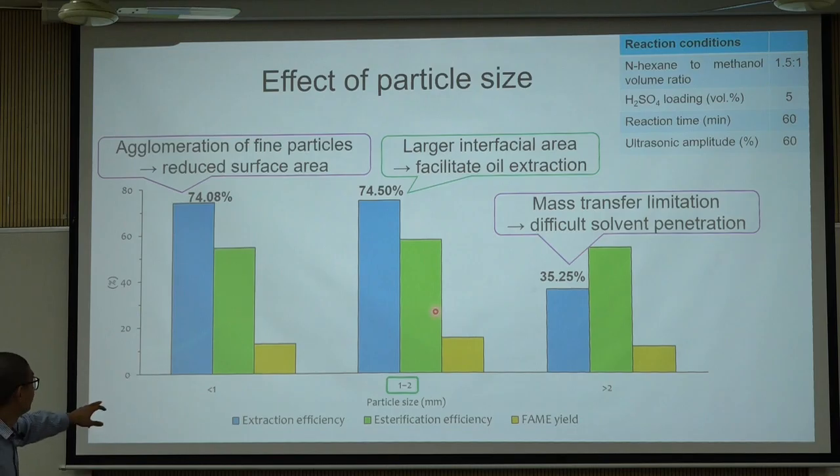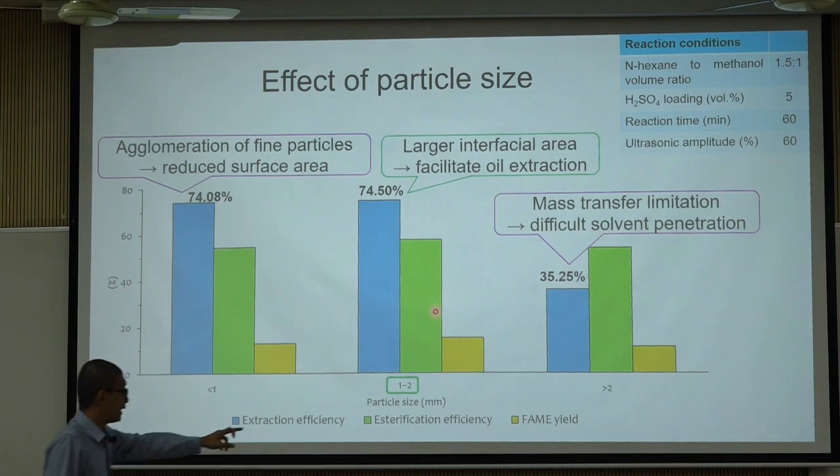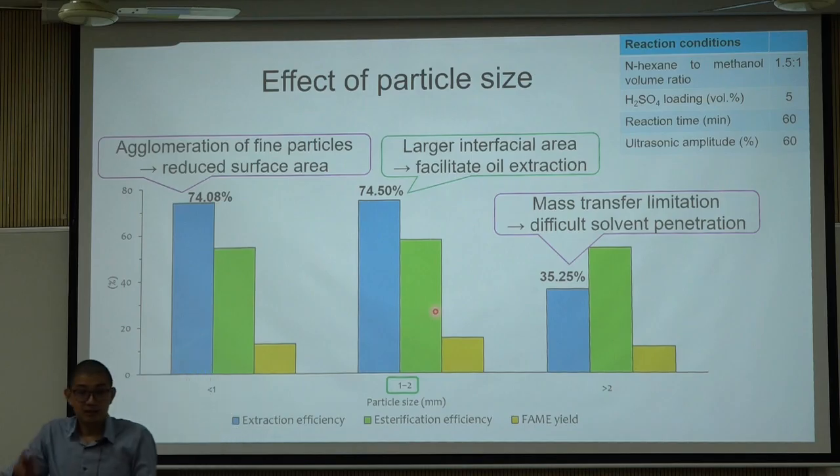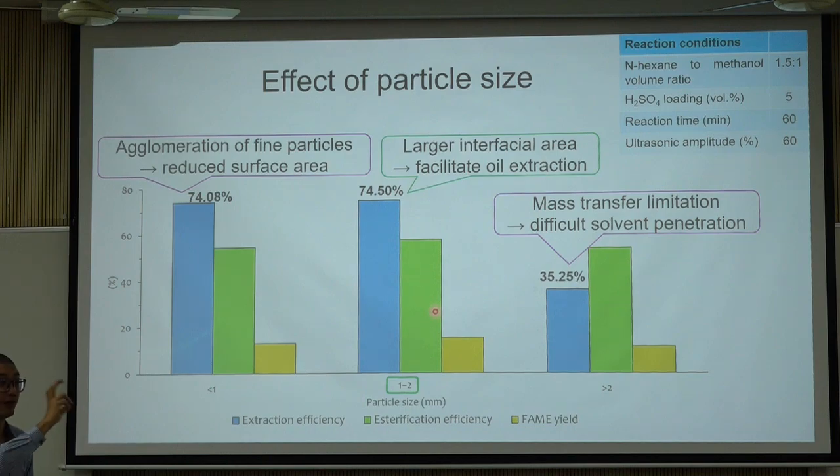Then the FAME yield means that during the esterification, some of the triglyceride, which is the chemical name for the oil, it's a common name, is converted into fatty acid methyl ester, which is also the scientific name for the biodiesel.